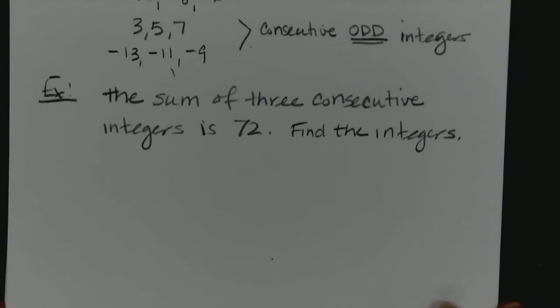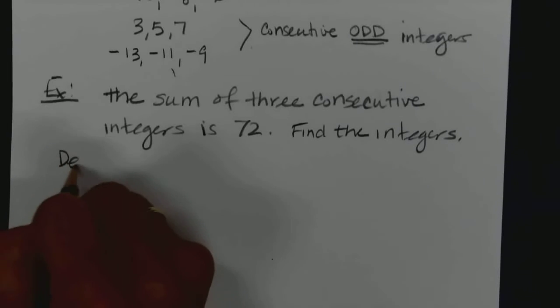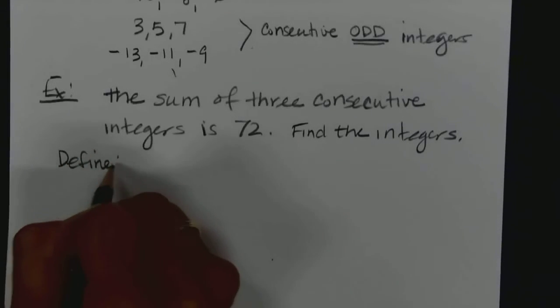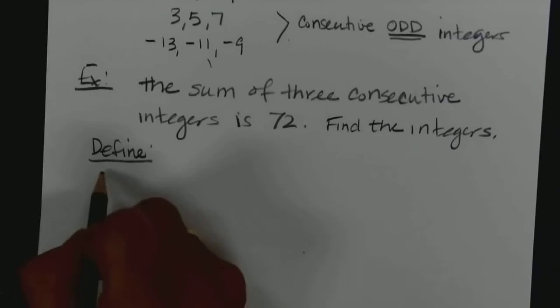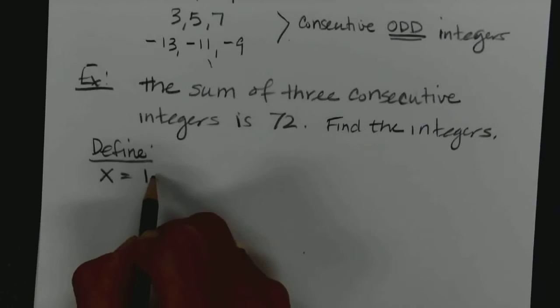Now, if I know the first integer, can I find the other 2? If I said sum of 3 consecutive integers, first one is 3, would you be able to say the other 2? Why? Consecutive integers go up by 1s, right? So you're going to define. If I know the first one, I'm going to say x equals the first number.